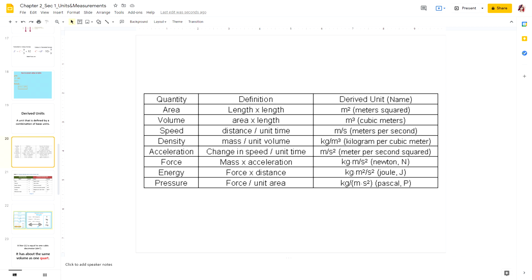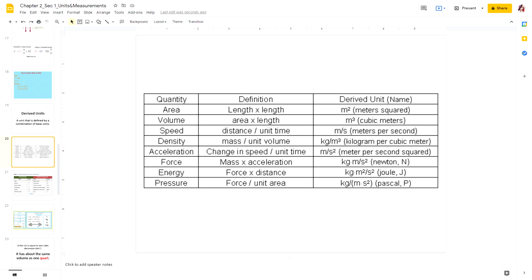Area is a derived unit, and it is defined as length times length. And the unit would be meter squared. For volume, it's area times length. You have already the area, which is length times length, so length times width times height would be in cubic meters, or m to the third.